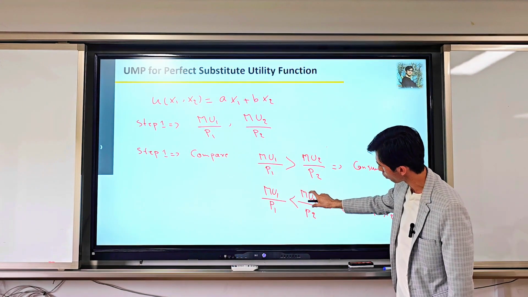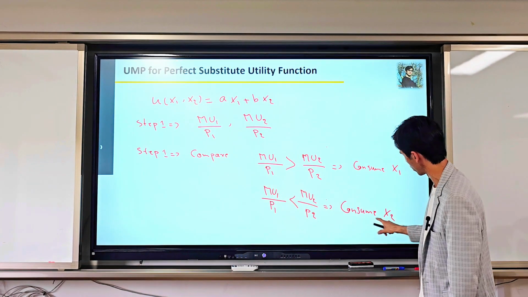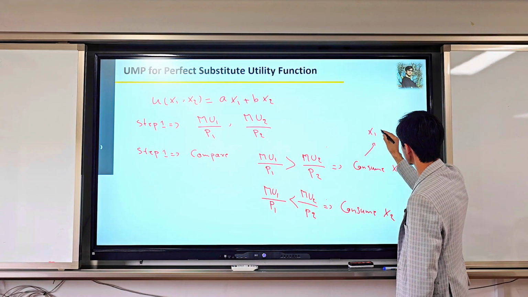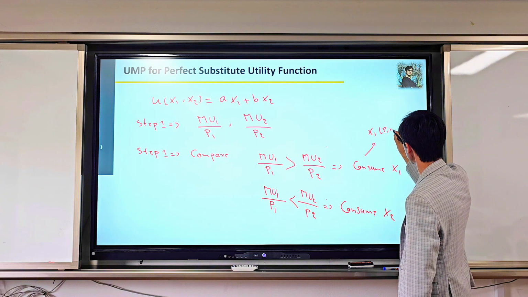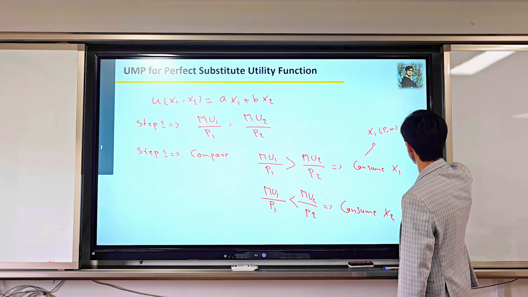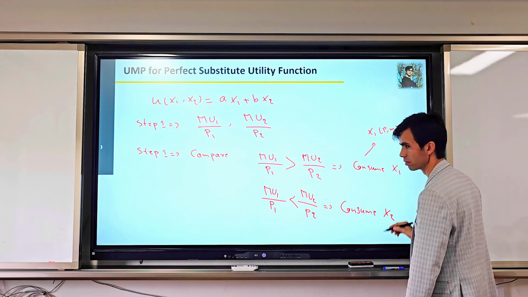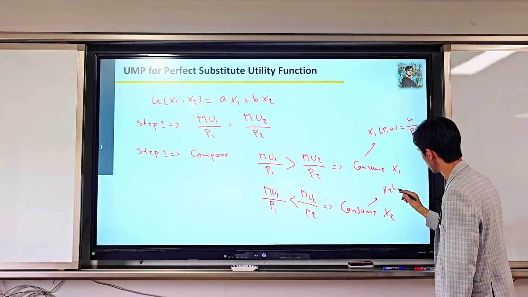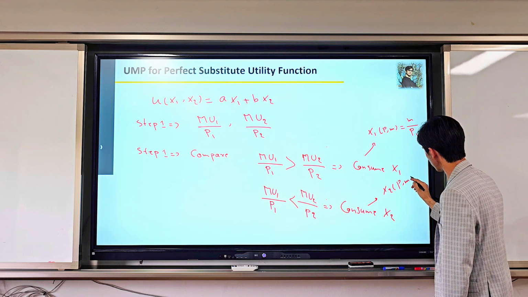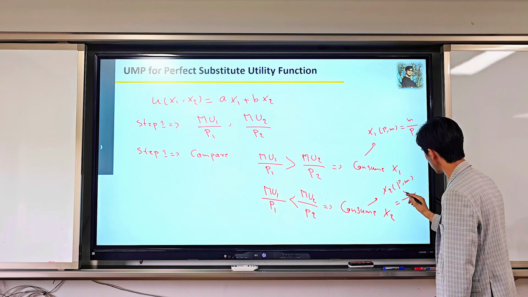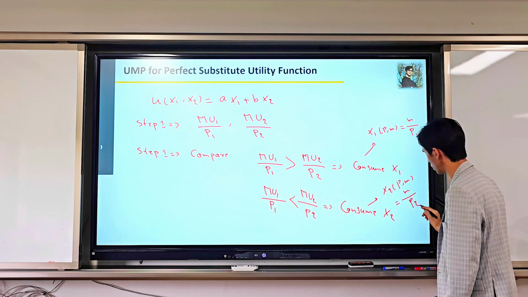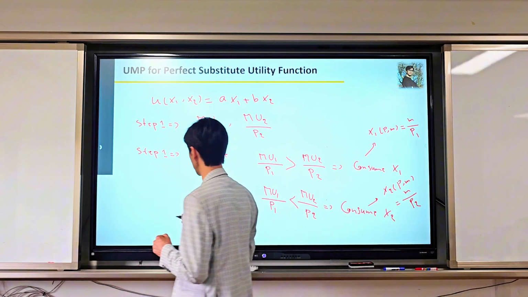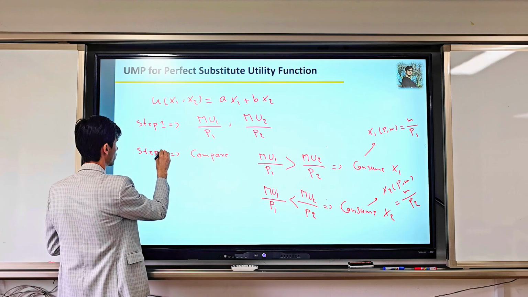If x2 provides higher marginal utility per dollar, we only consume x2. So in this case, x1 as a function of p and m will be equal to m divided by p1. And in this case, x2 as a function of p and m will be equal to m divided by p2.